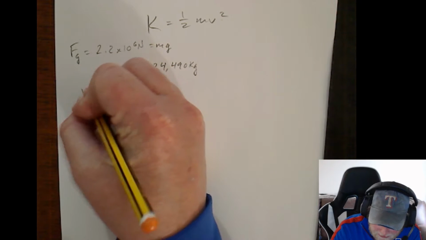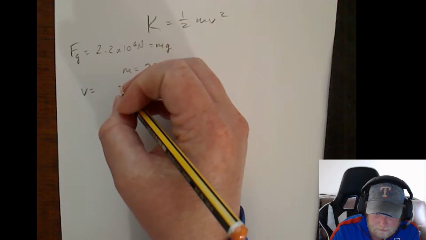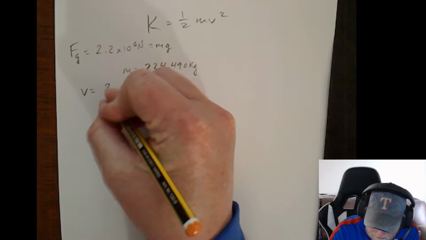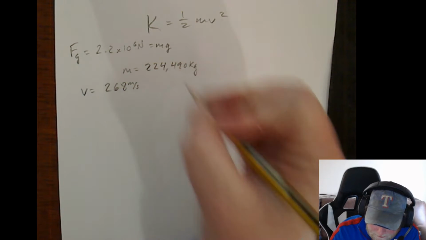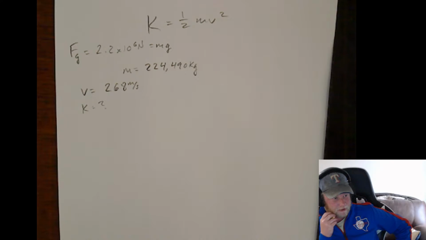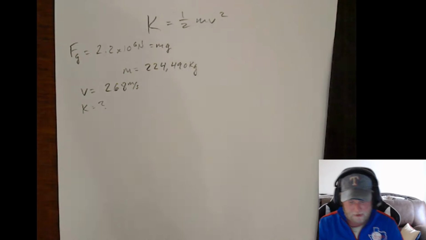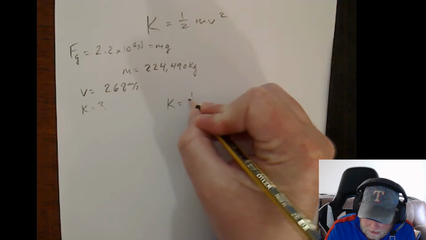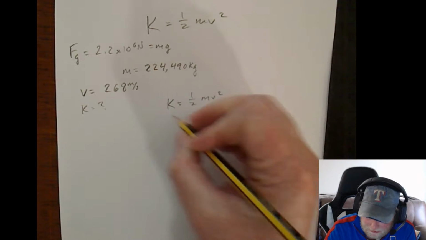We know that it's cruising at a speed of 268 meters per second, and we want to know kinetic energy. All right, so let's plug that in. Kinetic energy is 1/2 mass times velocity squared.